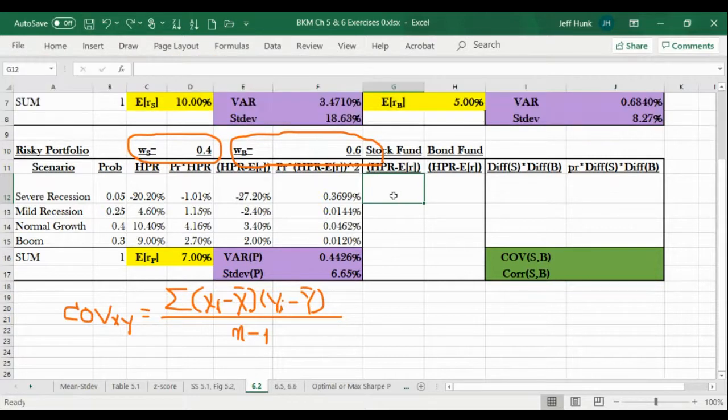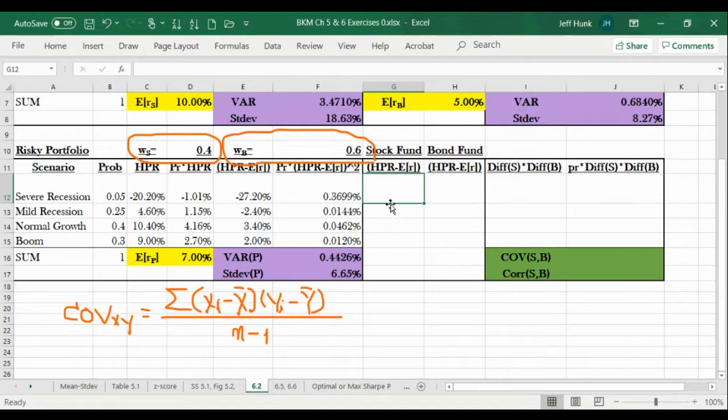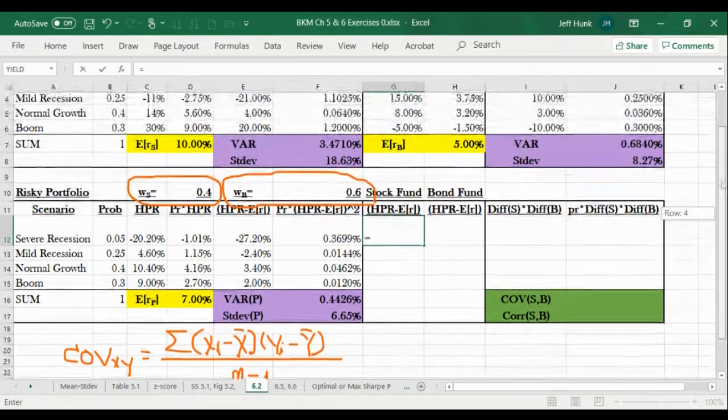So the difference term of the stock fund and the bond fund. We have the difference terms already.